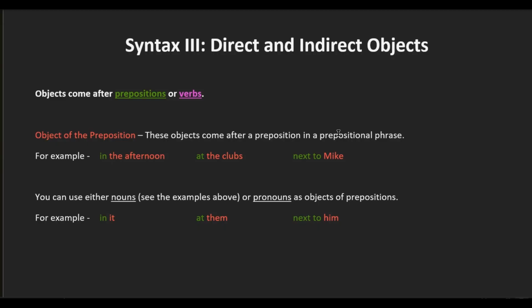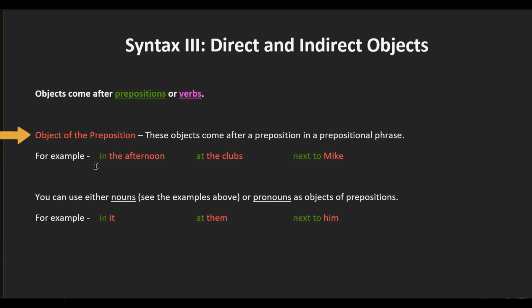The third part of syntax is direct and indirect objects. Objects can come after a preposition or after a verb. When they come after a preposition, they come within a prepositional phrase.